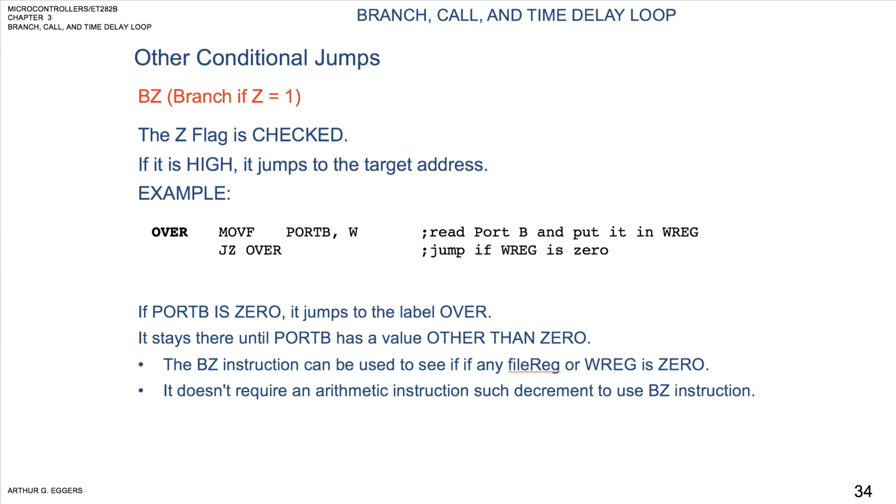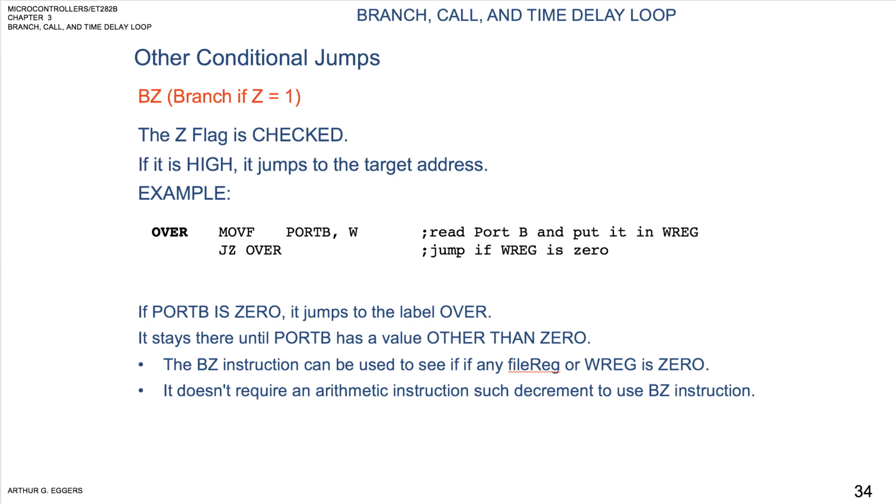JZ over says jump if the working register is equal to 0. So in this program, if port B is 0, it jumps to the label over. So again, over is just a name. So it jumps to that label. It stays there until port B has a value other than 0.